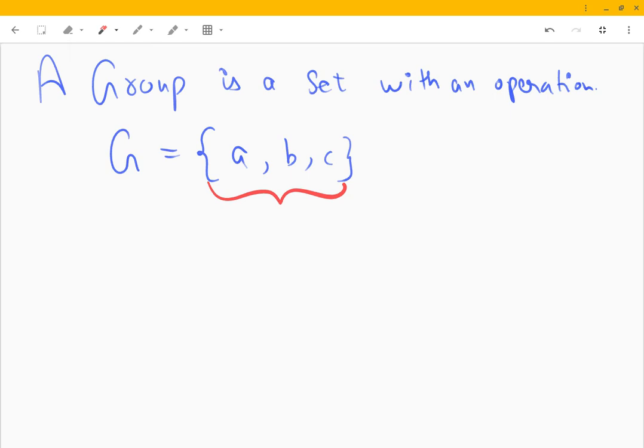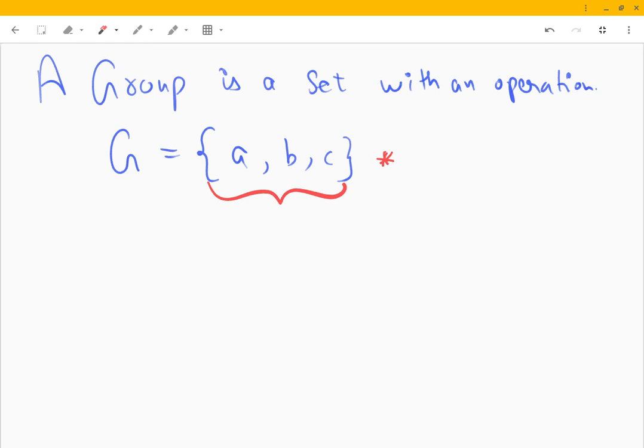Now we define an operation, say star. It can be addition, multiplication, anything, not just addition or multiplication: composition of functions, right? What else? Integer modulo, if you have learned that yet.